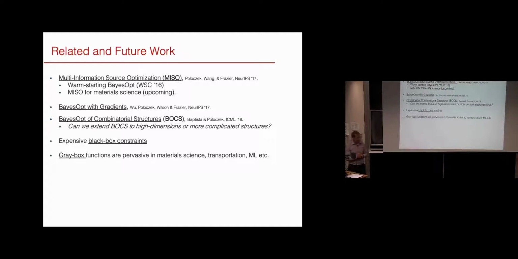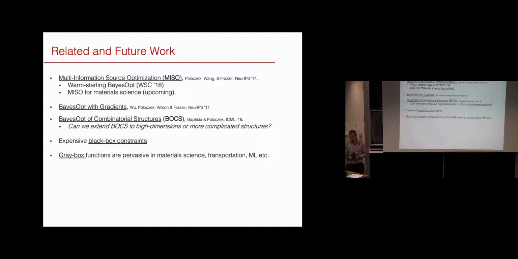We've currently applied it with Paulette Clancy, previously at Cornell, on perovskites, and it worked actually quite well, having different levels of DFT simulations. Another is gradients: sometimes you have gradient information available. For instance, if you use the adjoint method, then you should use that, right? It's free information, so you should use it to create more efficiency.